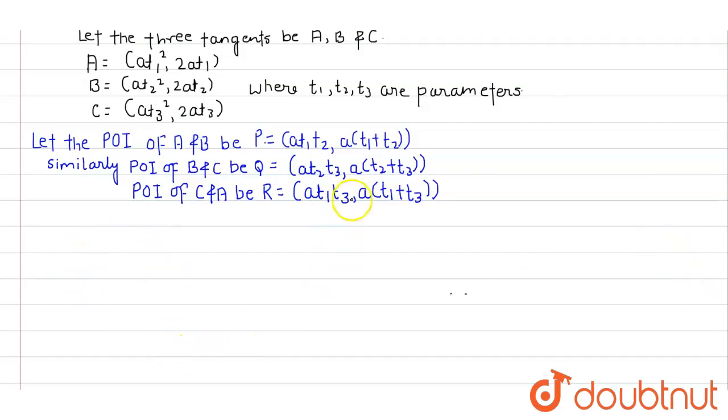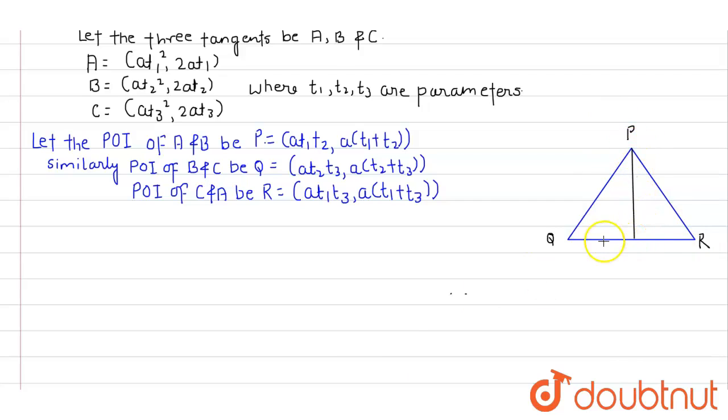Okay, so here we'll get one triangle, and its points will be P, Q, R, which are the points of intersection of the three tangents to the parabola. And we know what the orthocenter is: the point of intersection of the altitudes.